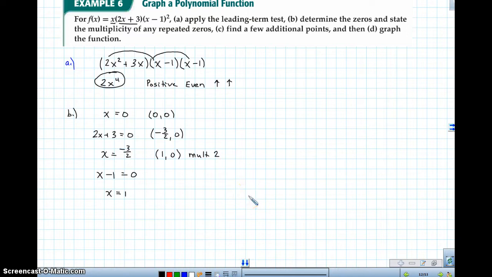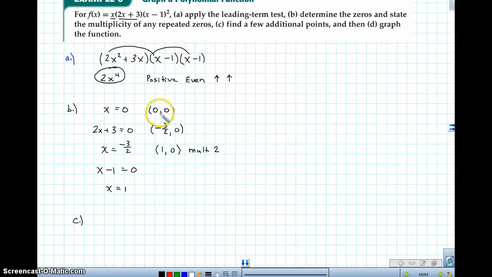Okay. The next part says to find a few additional points, and that's going to help us sketch the graph. I usually want to pick points that are easy to plug in and I can do mentally. So we want to see what we've got already. We already have a point at 0, 0, at negative 1.5, 0, and 1, 0. So maybe another point that's more positive and another point that's more negative. So we'll do f of 2, plug that in.